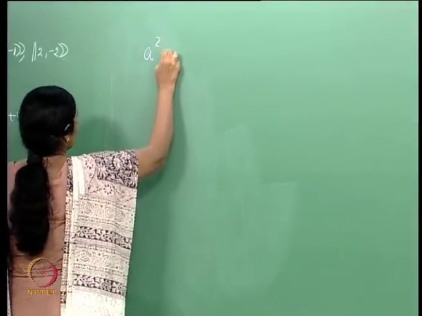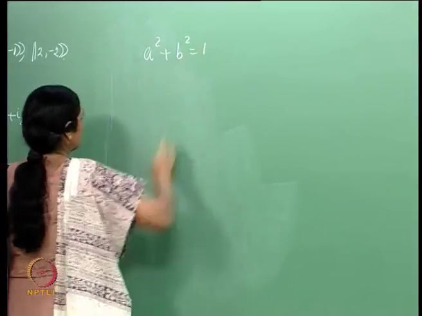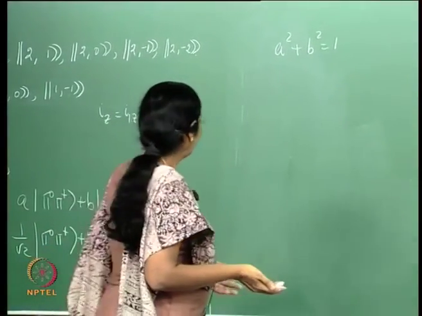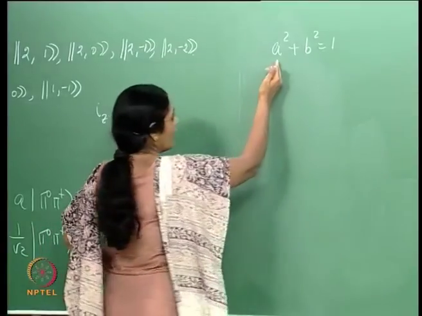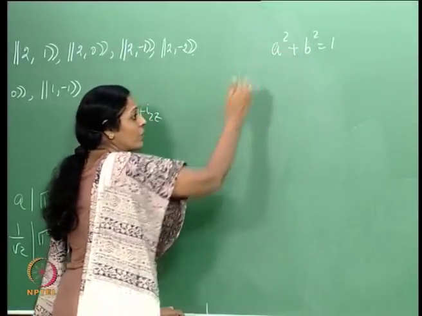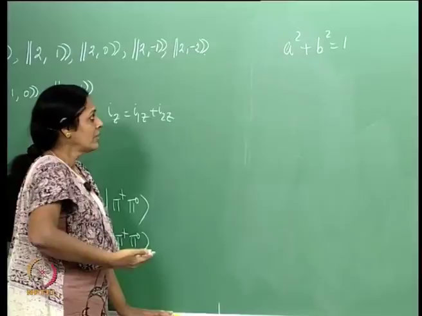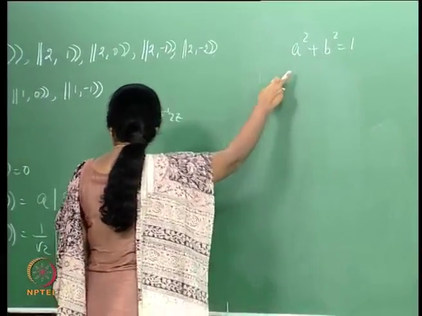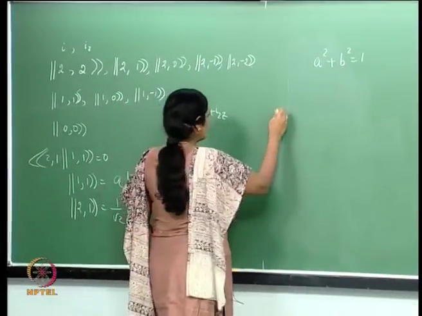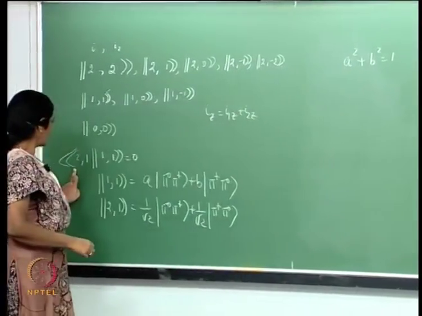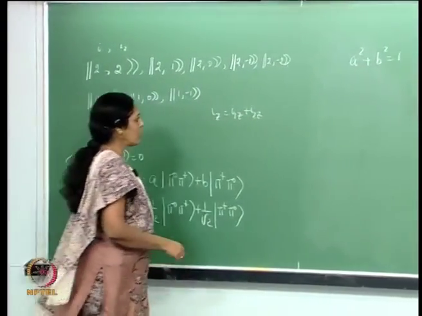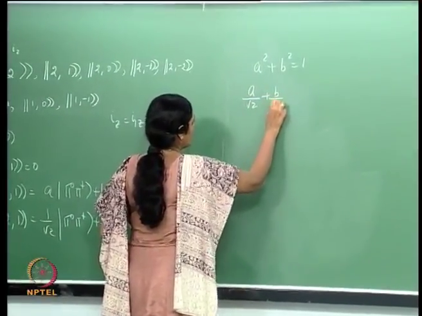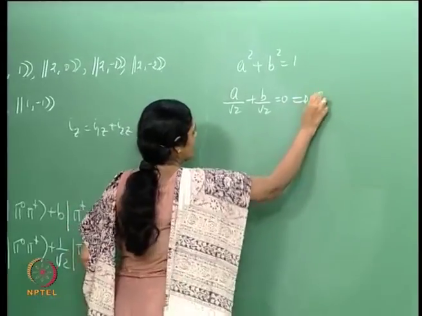So, I have a squared plus b squared is 1. We take the CG coefficients to be real without loss of generality. They will come with a phase otherwise, and we would write mod a squared plus mod b squared equals 1. Now, taking the CG coefficients to be real, and therefore, from the fact that 2 comma 1 is orthogonal to 1 comma 1, I have a by root 2 plus b by root 2 equals 0, which implies that a is minus b.